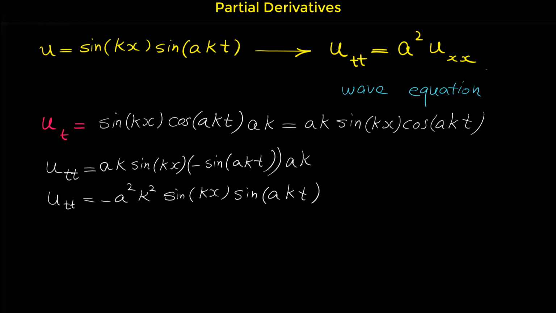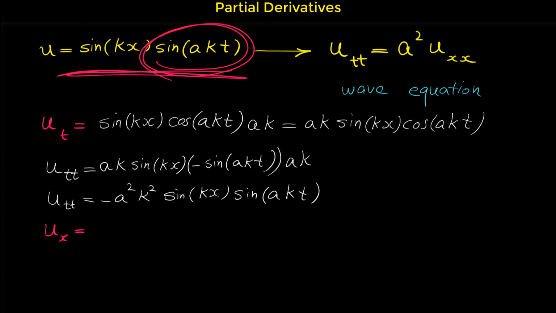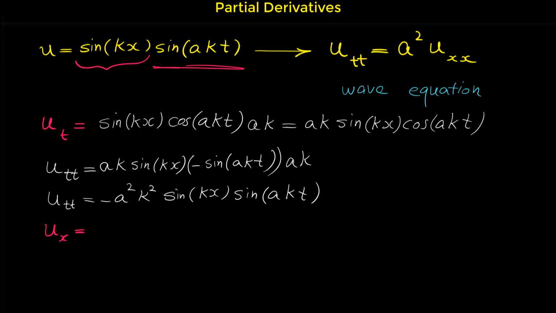Now let's see what u sub xx is, the second partial derivative of u with respect to x. Again, first we have to find u sub x. For finding the derivative of u with respect to x, everything here is without x, so it is a constant, a coefficient for this part. So we only have to take the derivative of this part and multiply by this constant.